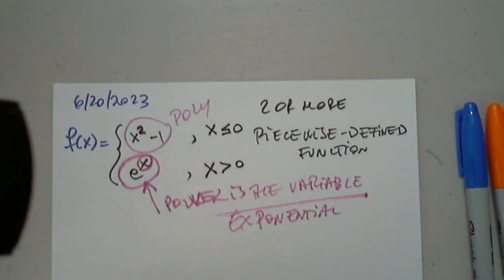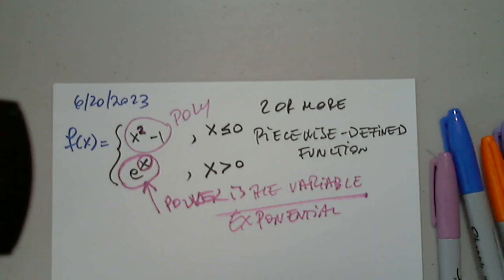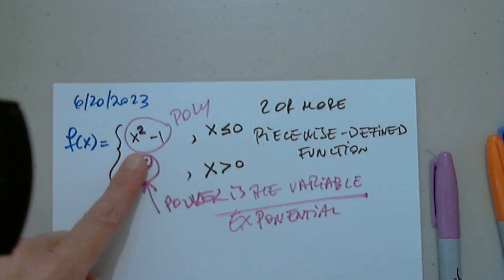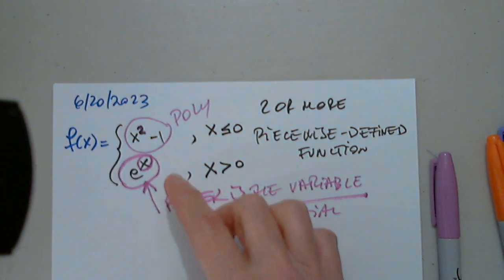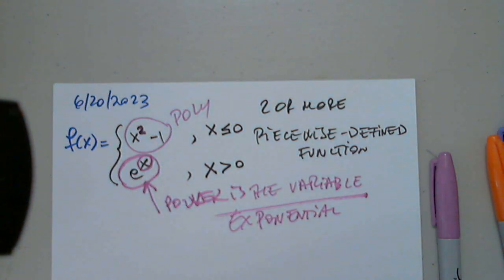So x squared. It's not linear. Is the degree even? Degree is even, if you want to say that. Is it quadratic?